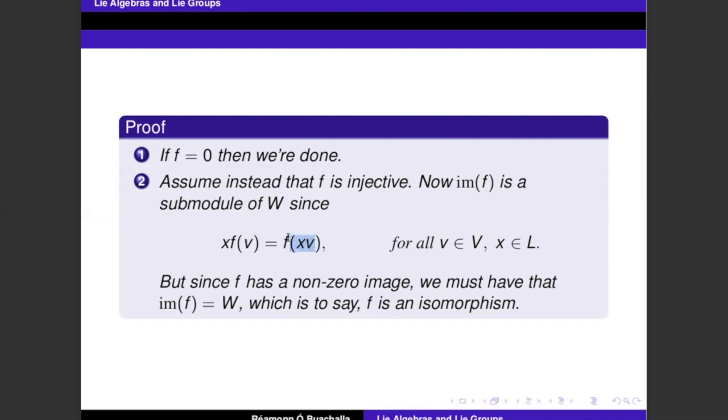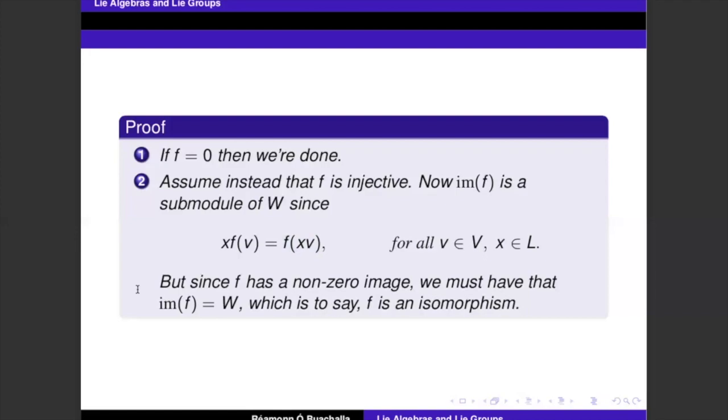So of course, this is contained in V, because it's a module, and then f of V is going to be contained in the image. Hence, the image of V is closed. It's a submodule. But how many submodules do we have of W? Precisely 2. One of them is 0, and one of them is the whole thing.